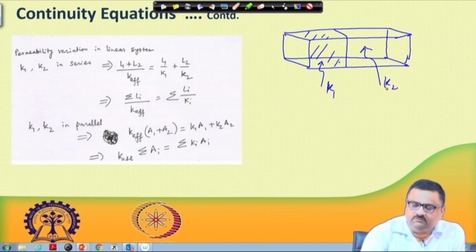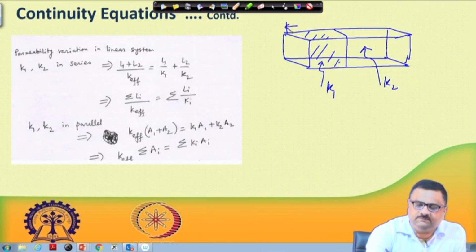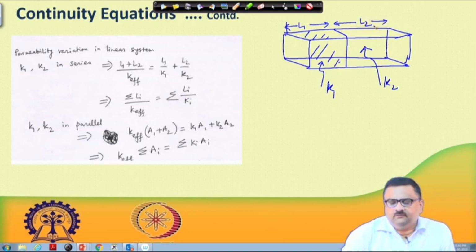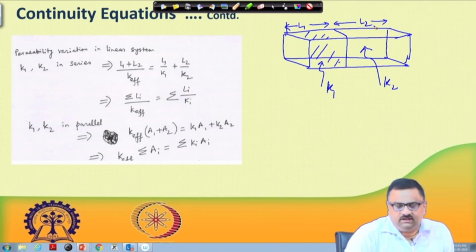Now you can see that this length, let us say the length over which this permeability is valid, is L1, and this length is, let us say, L2, over which the permeability K2 is valid.